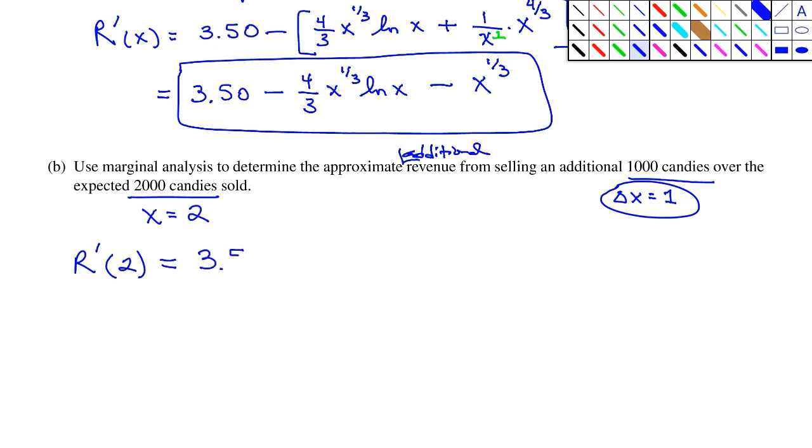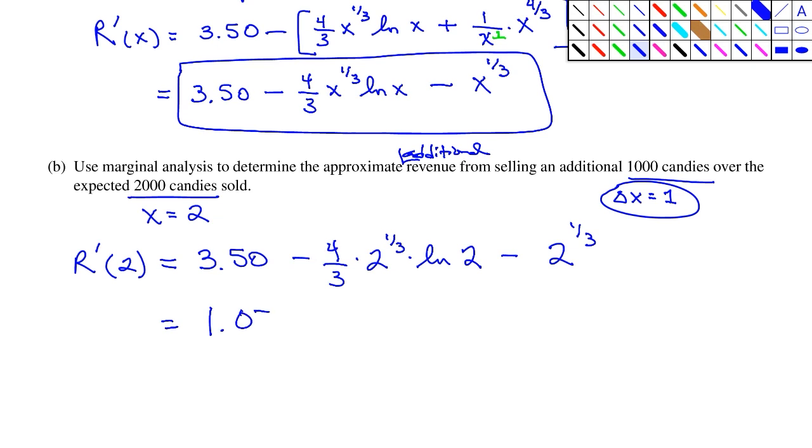So this is $3.50 minus 4/3 times 2 to the 1/3 power times the natural log of 2 minus 2 to the 1/3 power. Type that out, work that out in your calculator.